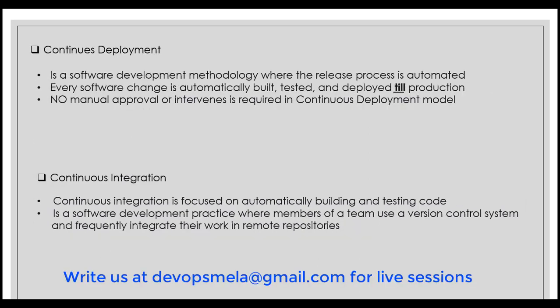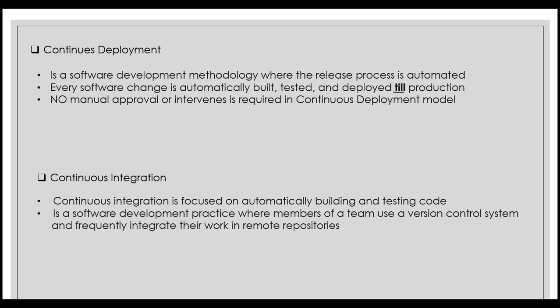On the other hand, we have continuous deployment. Again, it's a software development method where the release process is automated, same as delivery. Every software change is automatically built, tested, and deployed to production. That is the only difference between delivery and deployment. In delivery, you're waiting for an approval to deploy to production.